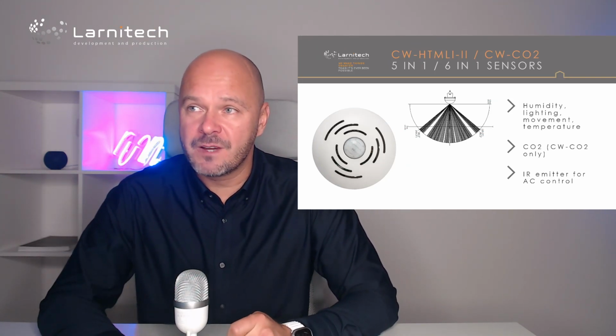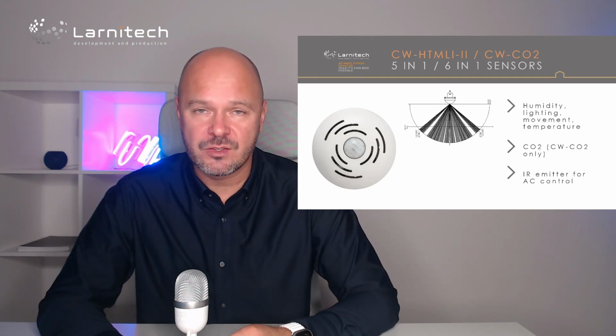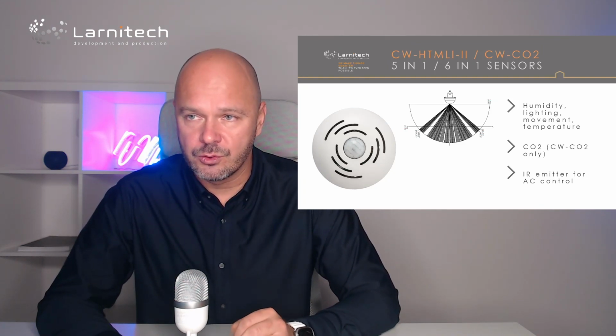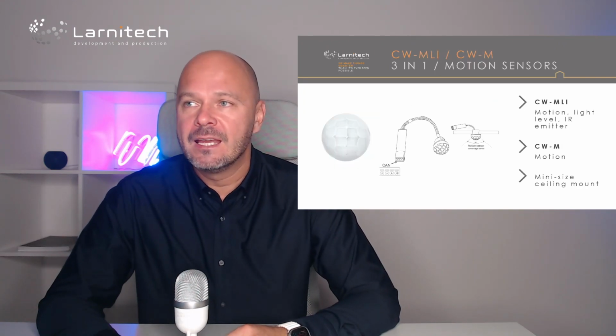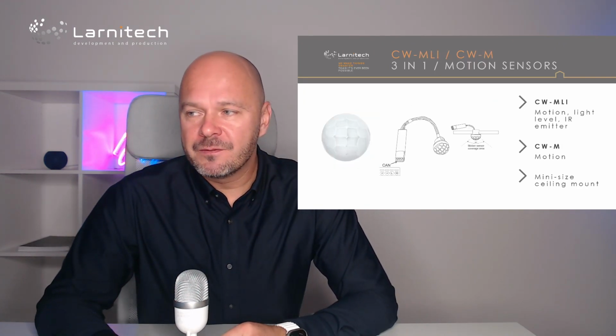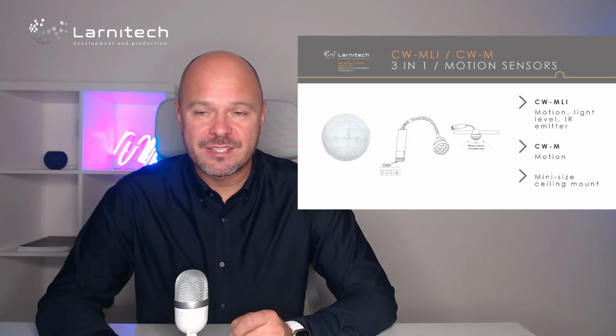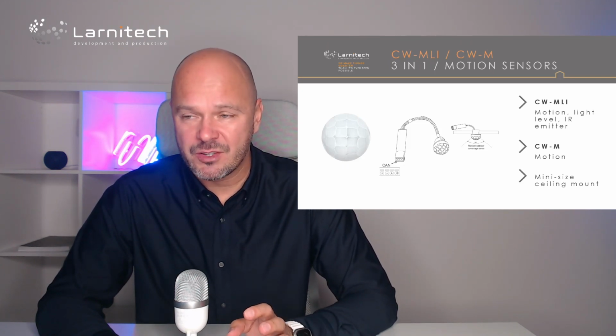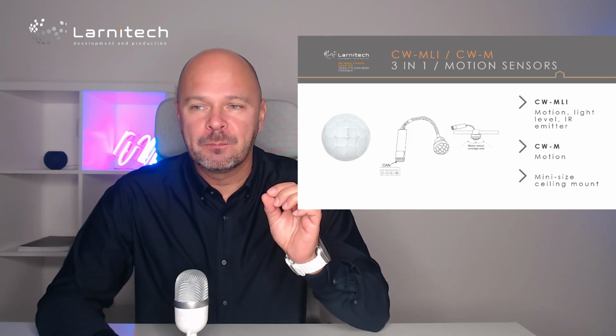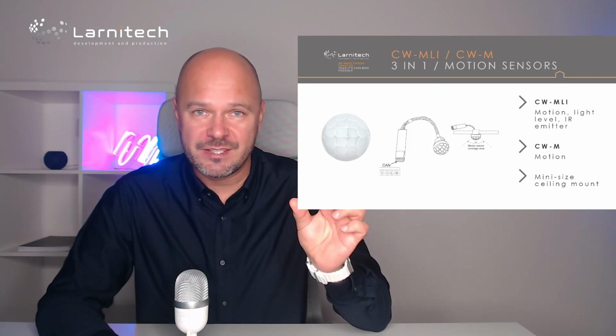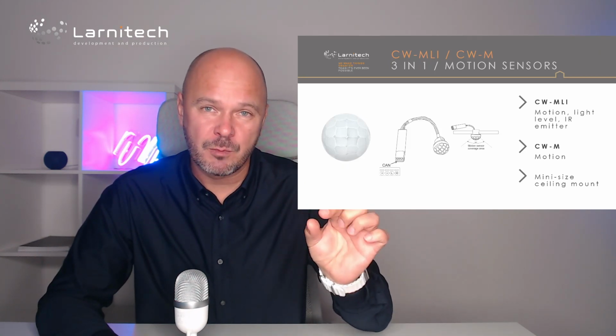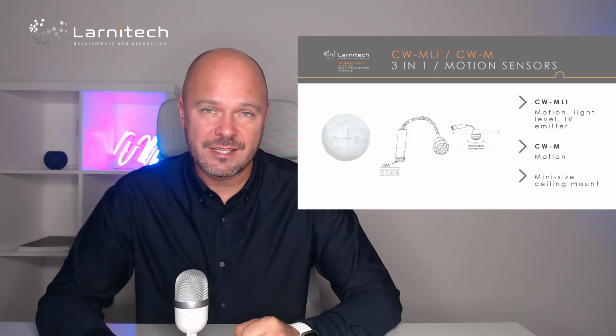Okay, so 5-in-1 and 6-in-1 sensors go to the ceiling. And then we have small ones, because some designers or end users don't like the sensor to be very visible. So they like a very small one, which is almost unseen.